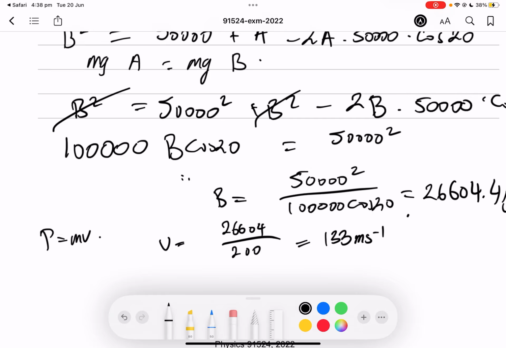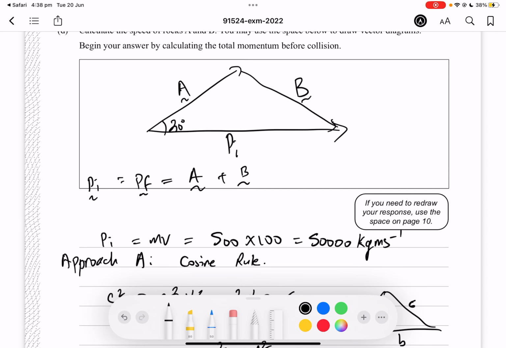Alternatively, instead of using the cosine rule, you can chuck this triangle into half. The only reason you can do this is because we know that this triangle is isosceles, because A and B have the same magnitude. So on the right hand side here, this will be exactly pi over 2.